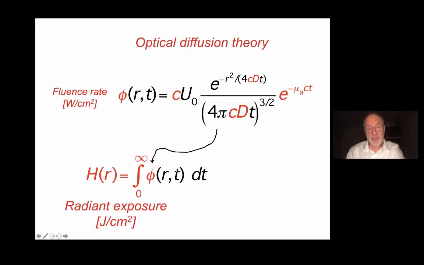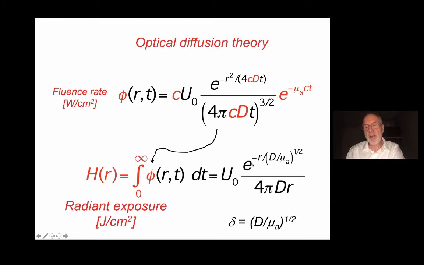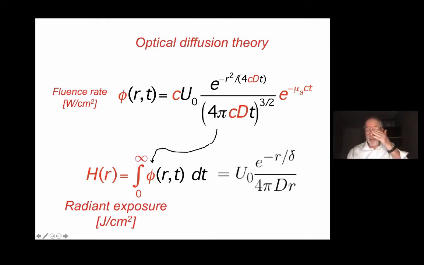Doing this integration yields u naught e to the minus this term over 4 pi dr. This term is actually equivalent to delta, the 1 over e penetration depth. And therefore, this can be restated as simply e to the minus r over delta over 4 pi dr. This is a very useful expression. It is a point spread function for the radiant exposure from a point source in 3 dimensions.